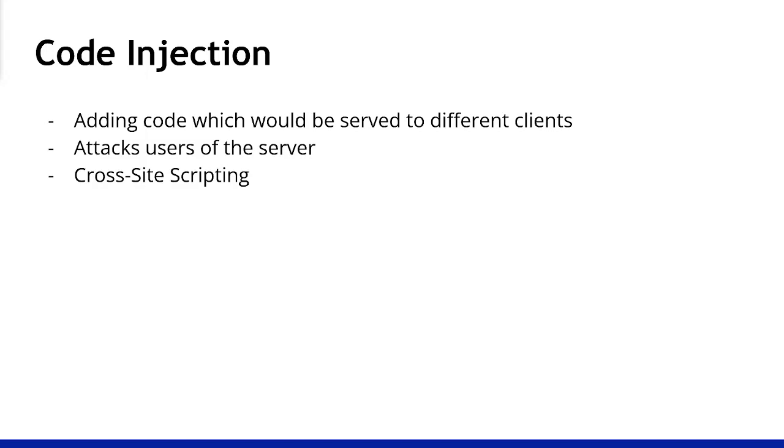Typically, code injection by itself will attack the user. This is most commonly seen in cross-site scripting. Like, there's a really insecure blog. I make a blog post that runs malicious JavaScript on it. Now, anyone who reads my blog post will be affected by that script.